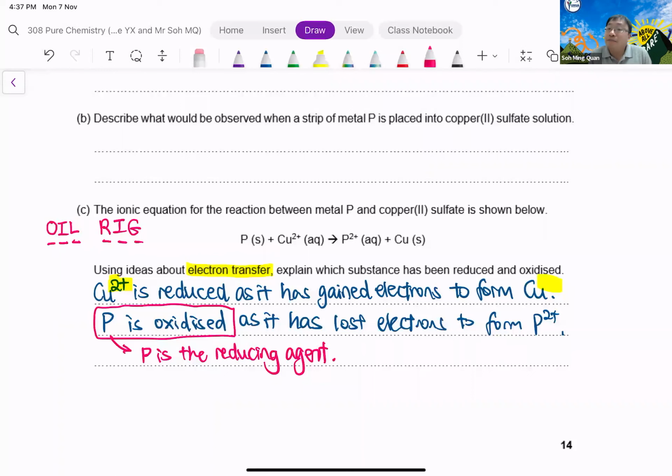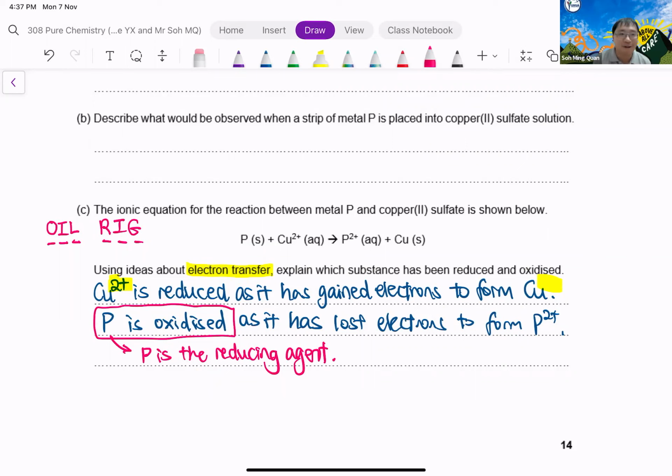Okay, let's ask, Rishi, which metal is more reactive, P or copper? Copper. So if it's copper, then can P displace copper? Yes. P can displace copper. That means P is more reactive or less reactive? More.